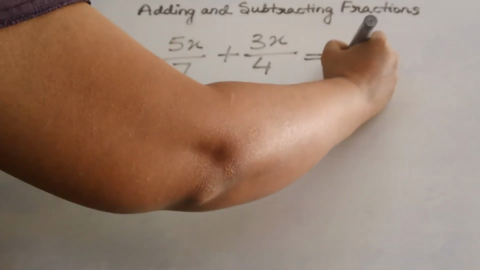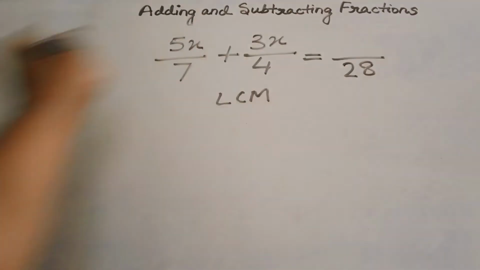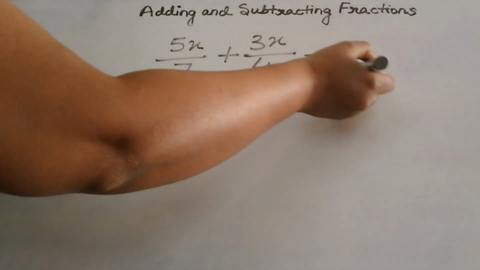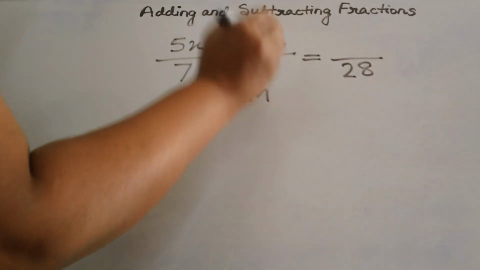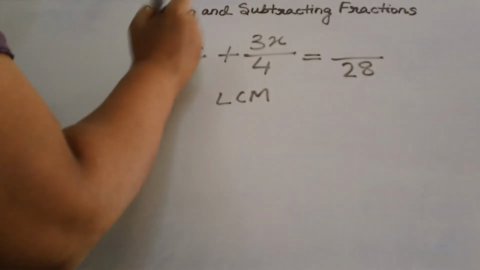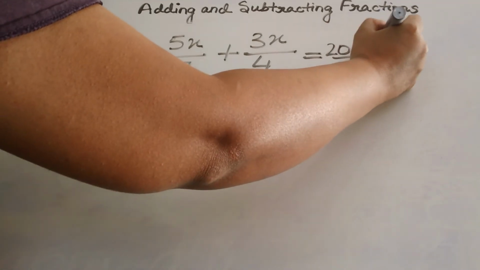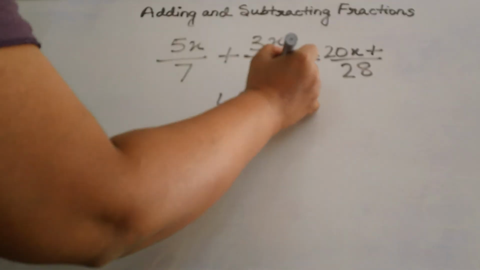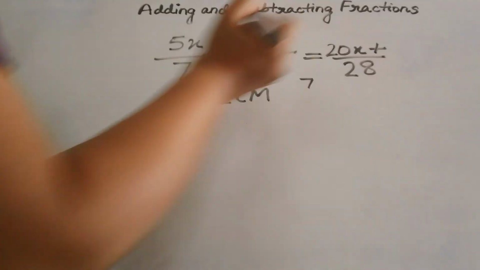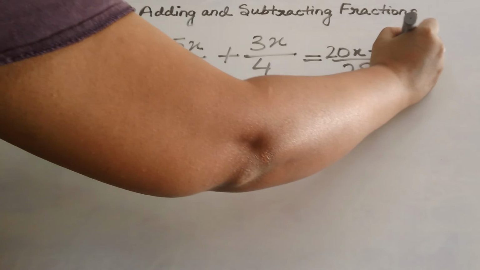Here it will be 28. So 7 4s are 28, so we will multiply 4 with 5. 5 4s are 20, so 20x plus 4 7s are 28, so 7 3s are 21.